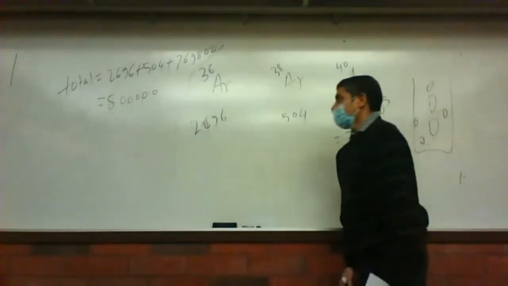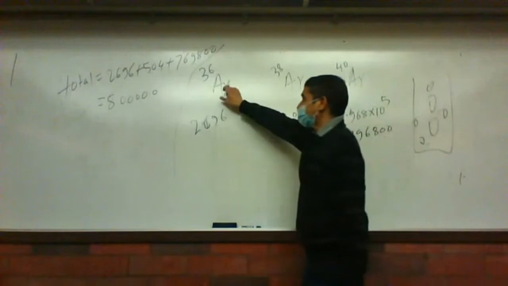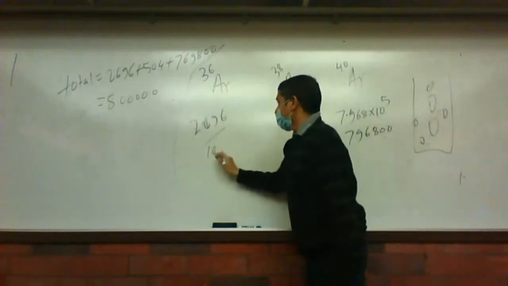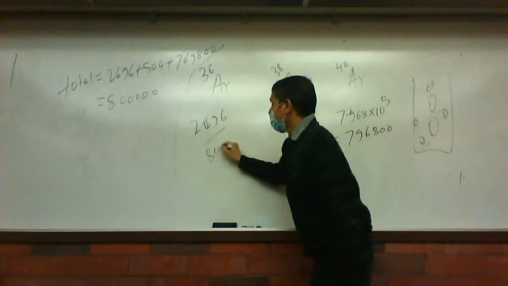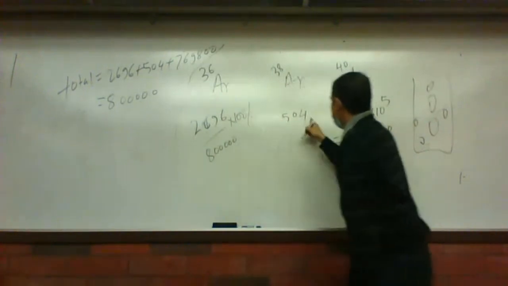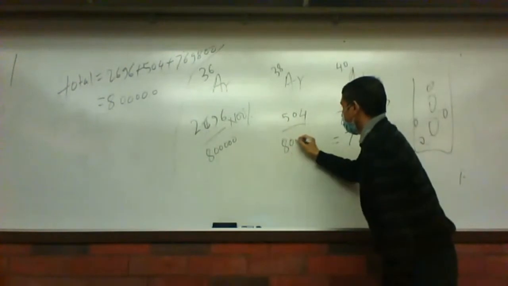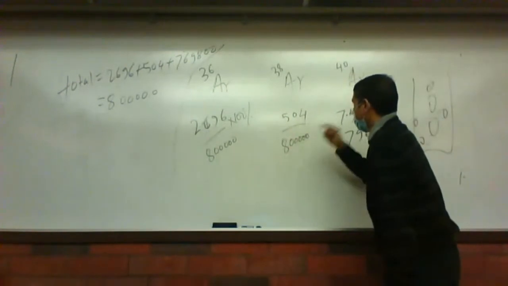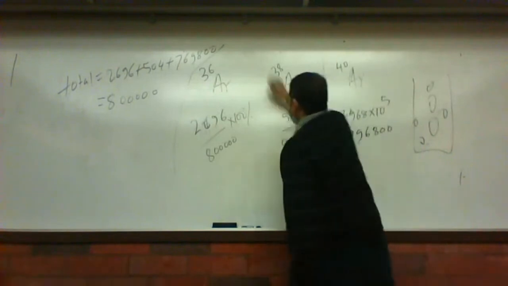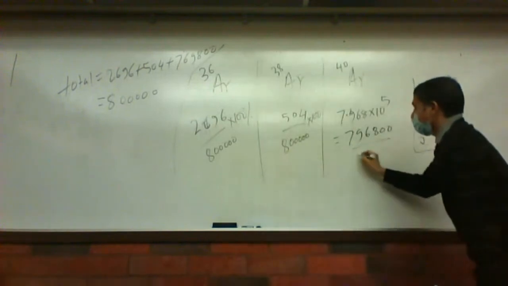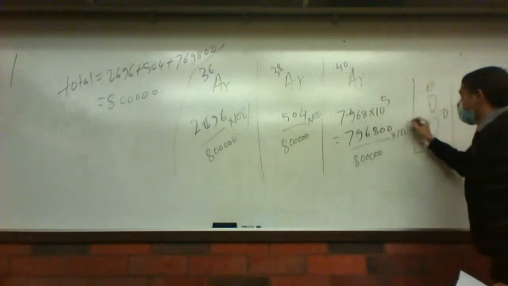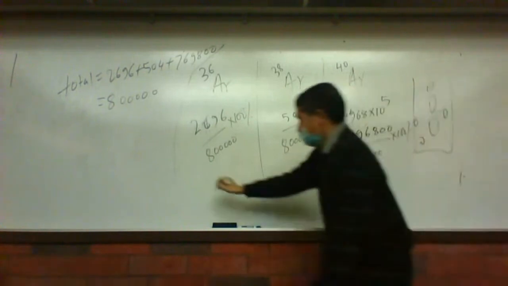Now I need to just calculate the percentage. What is the percentage of this one? That many atoms out of the total, right? So you take that number, multiply by 100%, and divide by the total. And this one, divide by the total, multiply by 100%. Whatever number comes here, just put it here.